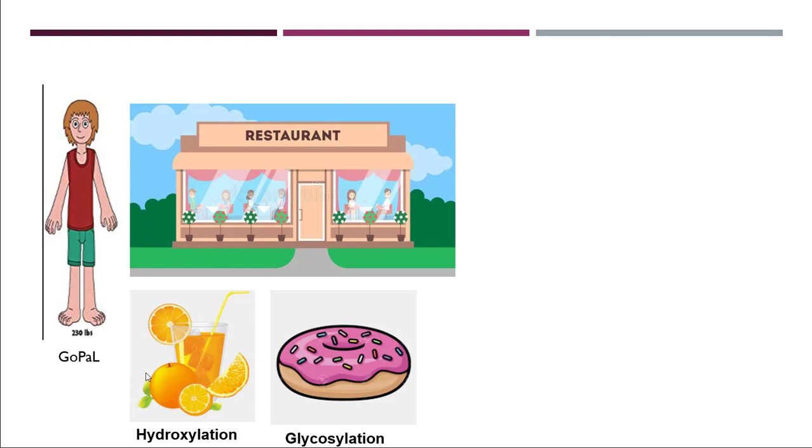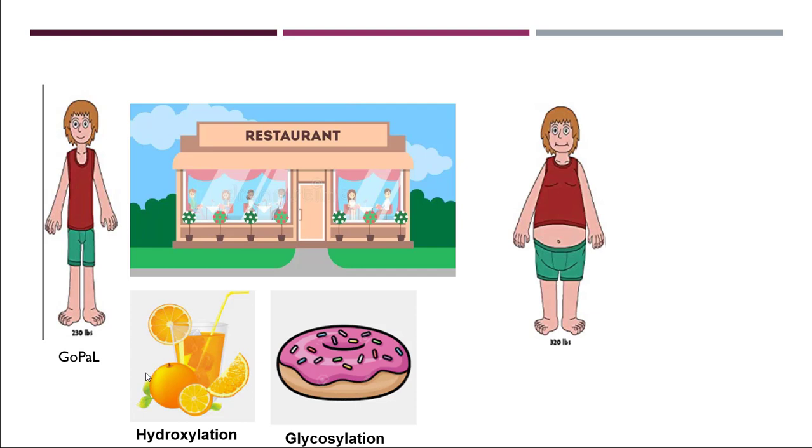Now Gopal, after eating and drinking these 2 things, does not remain the same, right? So this pre-pro collagen Gopal will transform into fat Gopal there. Easy, right? So just imagine a person having orange juice and a donut, and you will remember the post-translation modification of collagen there. Bingo, right?